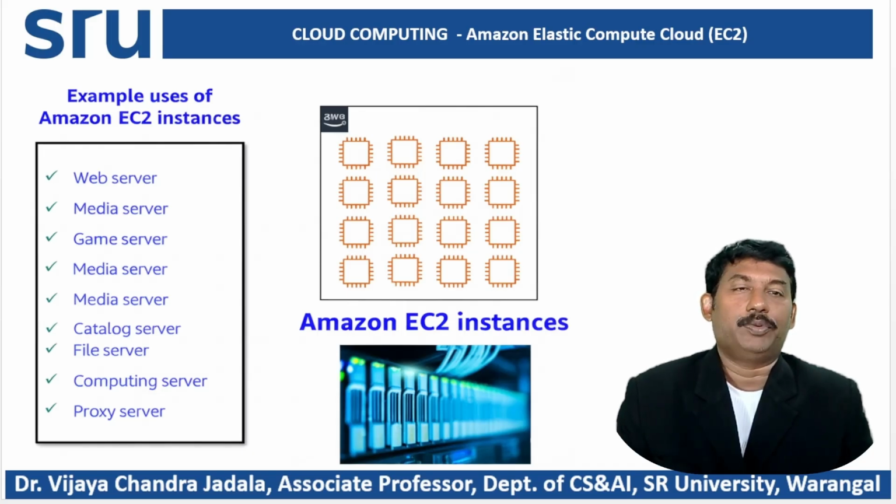Amazon Elastic Compute Cloud, EC2, provides virtual machines where these machines can host kinds of applications such as databases, storage applications, or any such applications that can be hosted on a particular instance.